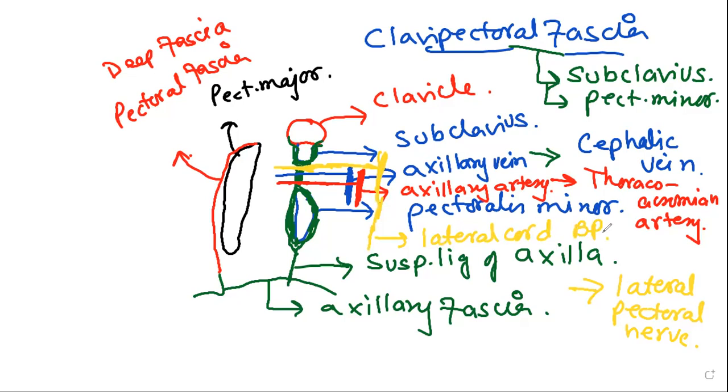So it is very easy to remember, and lymphatics are also piercing here. So these four structures are piercing your clavipectoral fascia. First is your cephalic vein. Second is your thoracoacromion artery. Third one is your lateral pectoral nerve. And fourth one is some lymphatics, which are also piercing your clavipectoral fascia. Is it clear to everyone?